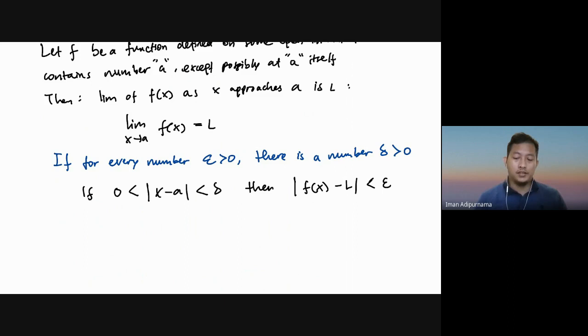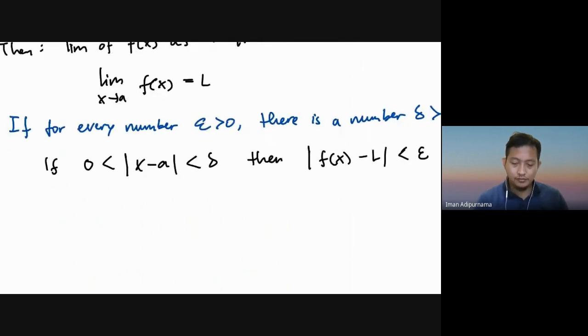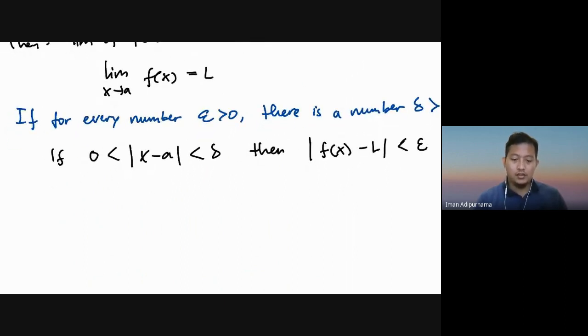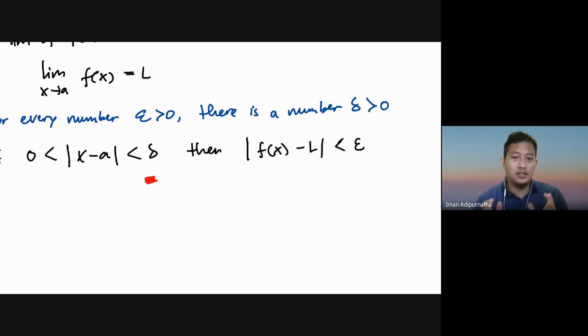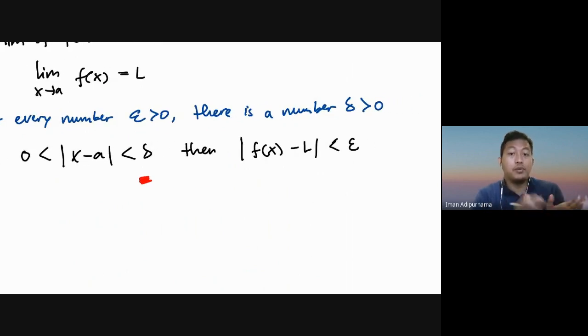We need to find actually the delta to know how close x is to a, right? And then by doing that, we prove that the distance of the function values is less than epsilon.